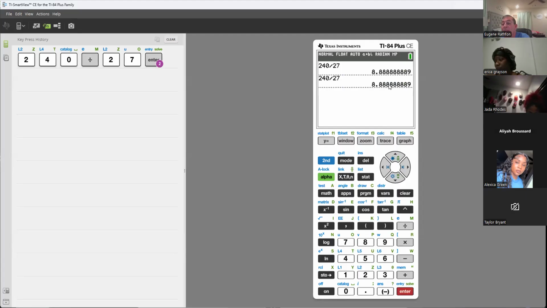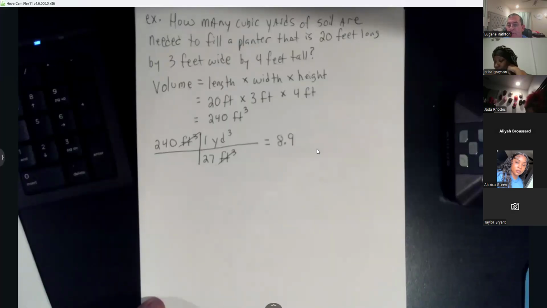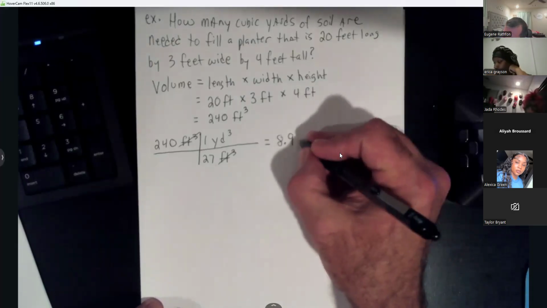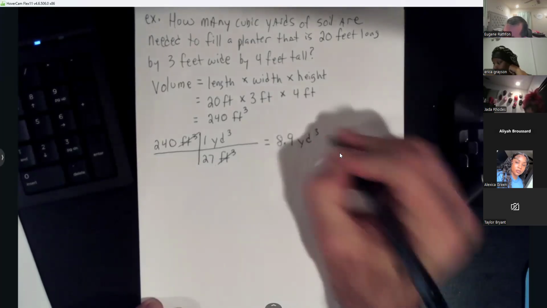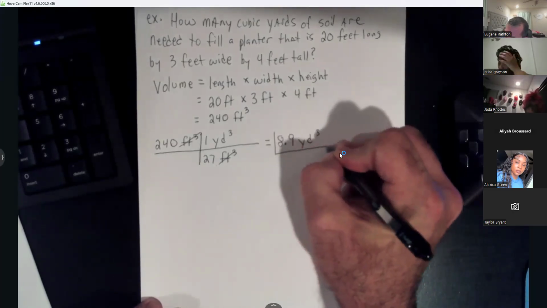I'm going to round it 1 decimal place. So that'll be 8.9. And then that'll be left in cubic yards. Now, MATLAB on the answers, it'll tell you how far to round your answer when you're doing the problems.